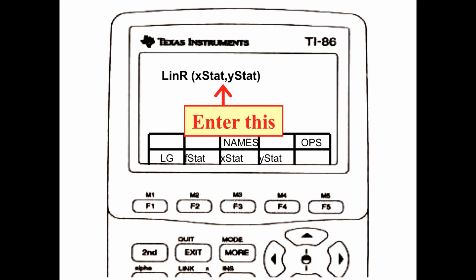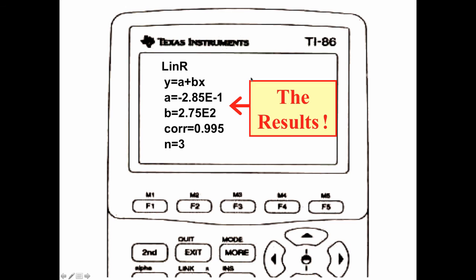On some, you'll have to select to take a linear regression of, let's say, XStat, YStat, or list L1 and L2. And then you will get an equation with a slope and an intercept and a correlation, and you should make sure that you know with your calculator whether A or B represents the slope. In this particular case, it's B that's the slope.